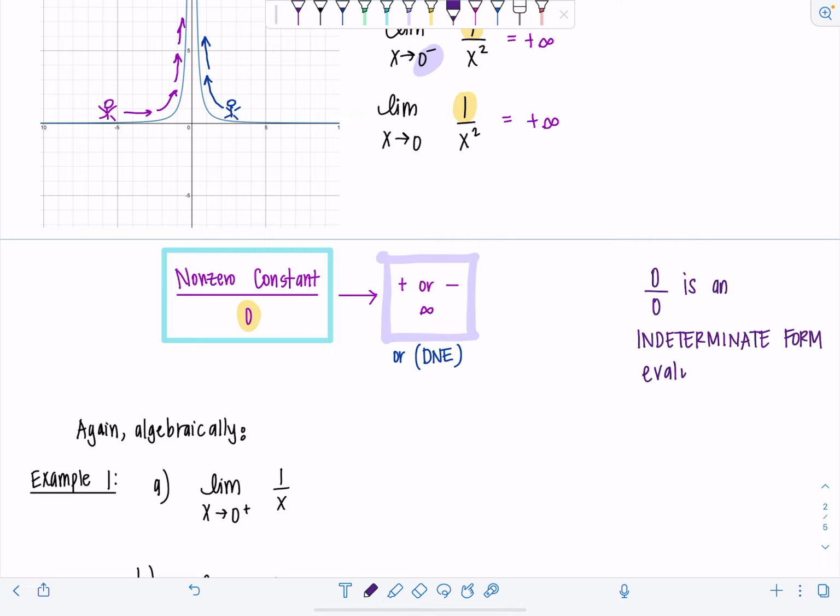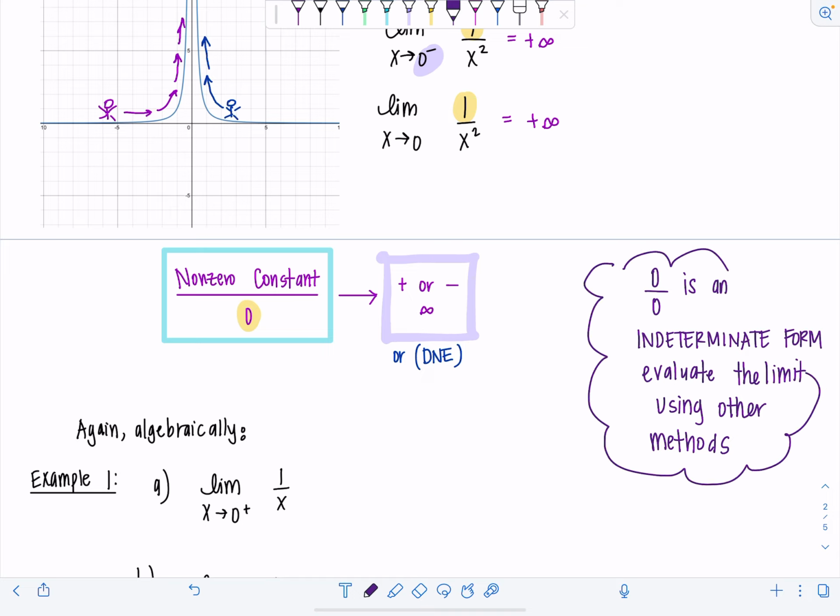You need to evaluate the limit using other methods. So I'll link some videos here where I show how to deal with these indeterminate forms. Just be careful, depending on what phase you are in the semester, whether or not you're allowed to use L'Hopital's rule. Okay, check with your instructor. If it's the first half of the semester, I don't let my students do it, only at the end.